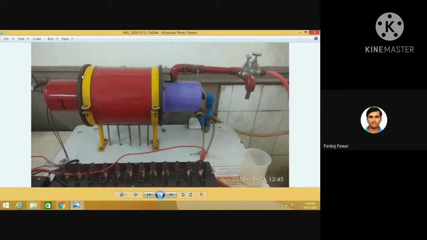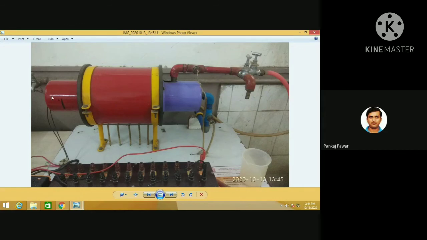This is the experimental setup as we discussed earlier. These observations of temperatures, the heat input values, and the timing for water collection, we are going to take, and with the help of that we'll do the calculations.